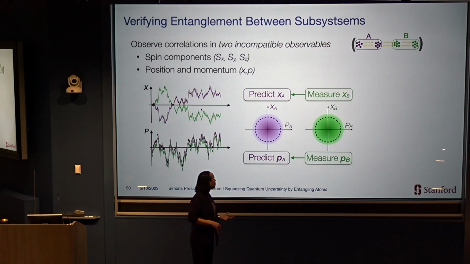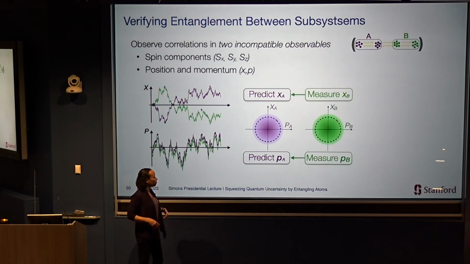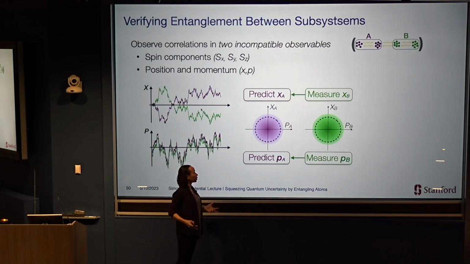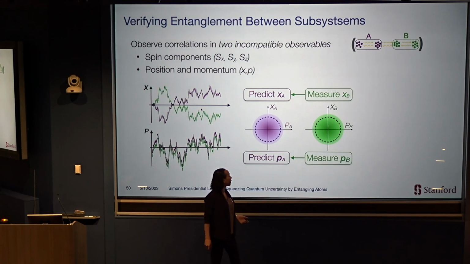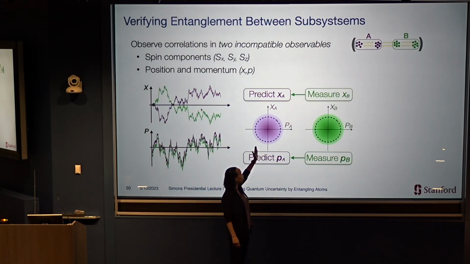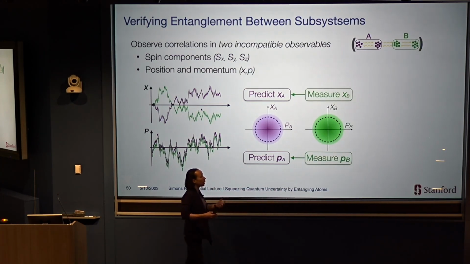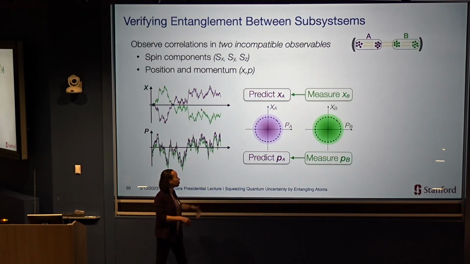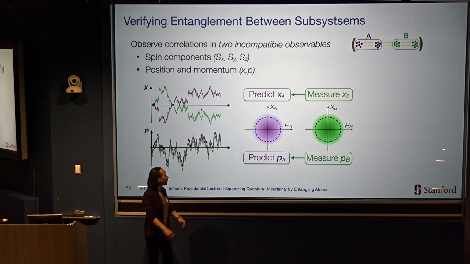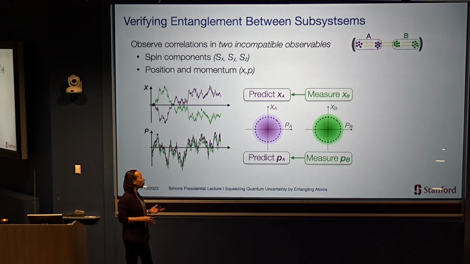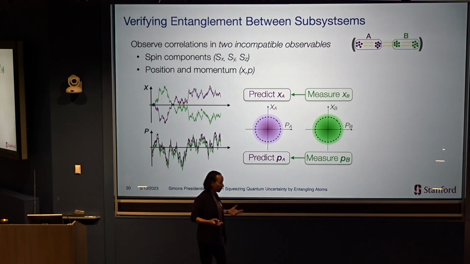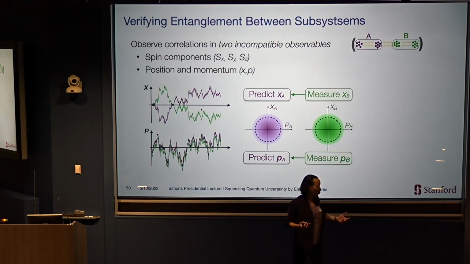Let's just say this: the Heisenberg uncertainty principle tells me that there's some fundamental limit to how well I can know both x and p, let's call them two observables. In our system, it's not position and momentum, but I'll use this notation. There's some fundamental limit to how well I can know both of these, which tells me that inherently, in any quantum state, those can't both be perfectly well defined.